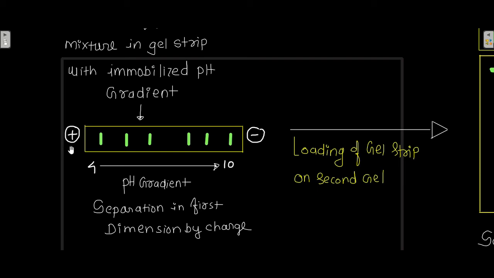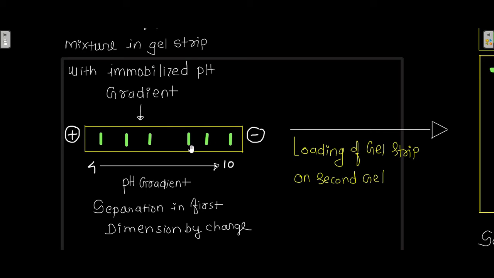Once the protein starts migrating through the pH gradient, it will reach a particular pH on the gradient at which it has a neutral charge. That pH is its isoelectric point, so at that pH the protein molecule will be neutral.